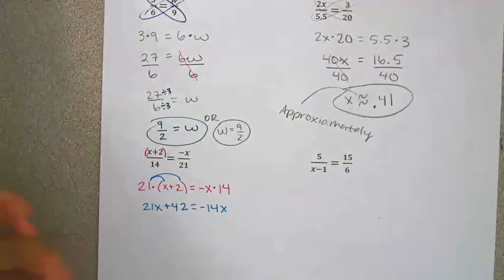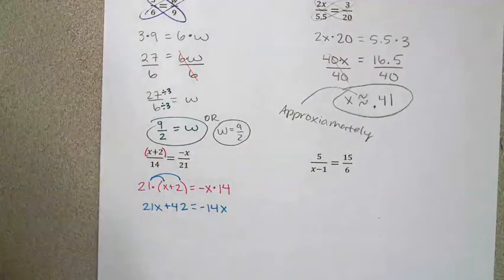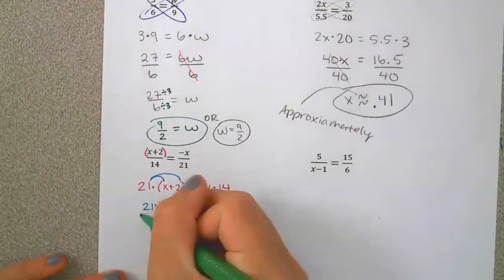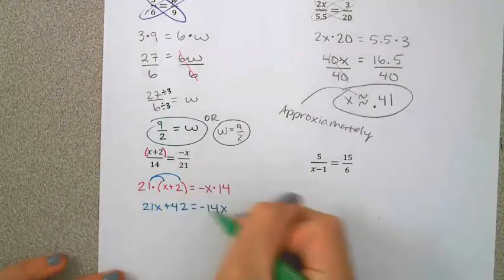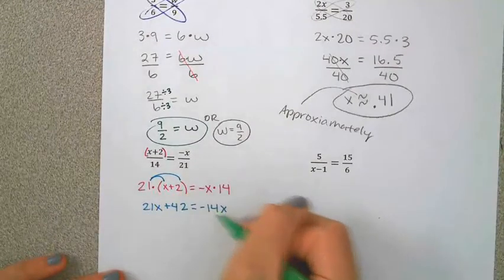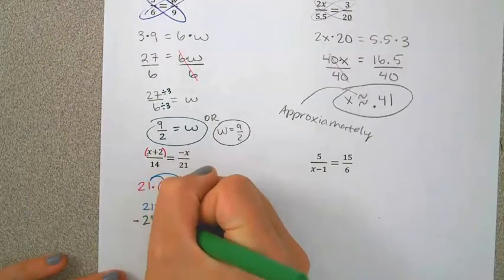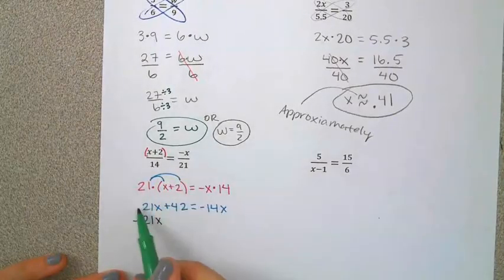So I need to get the x's together on one side. To do that, I'm going to bring this 21x over here because I already have the x almost by itself on that side. So I'm going to use the inverse operation. There's an imaginary plus sign there because it's a positive number.